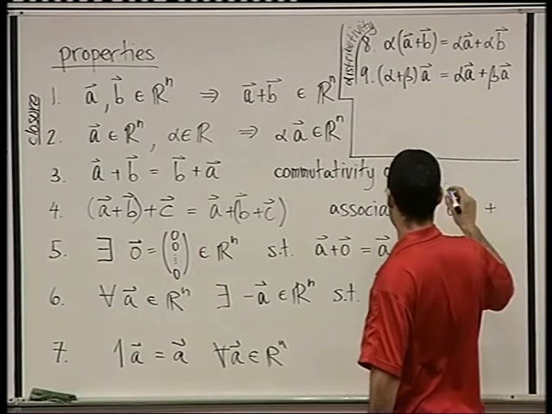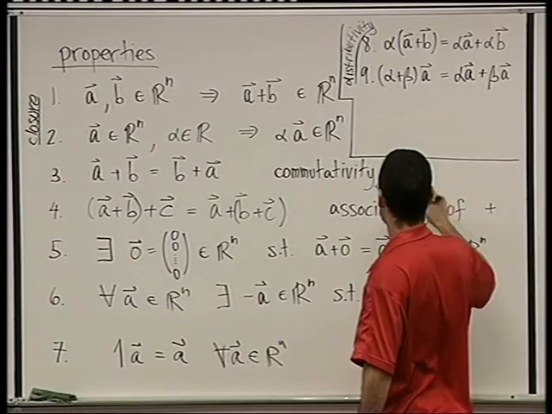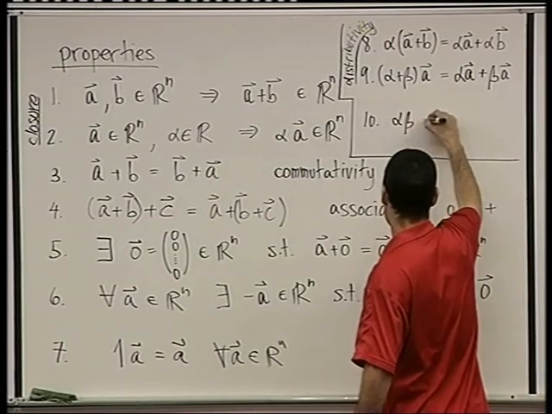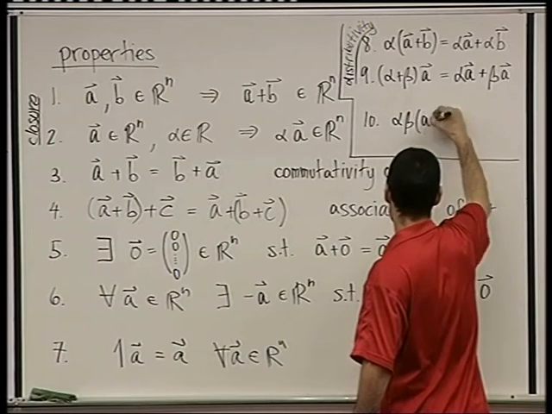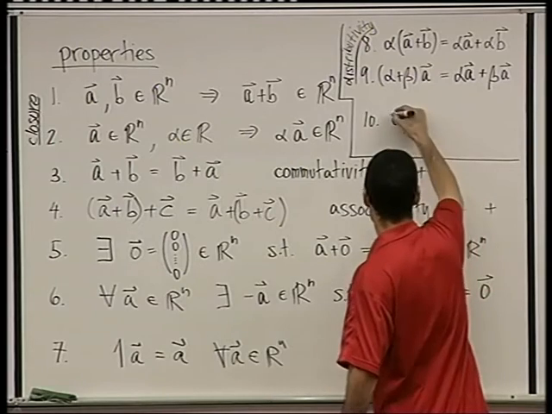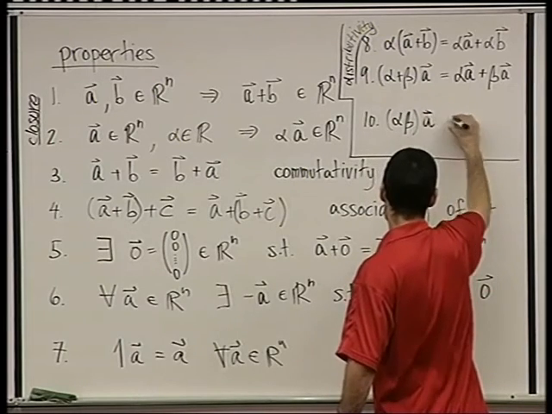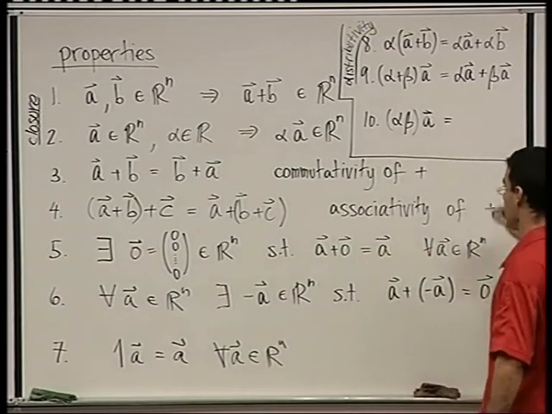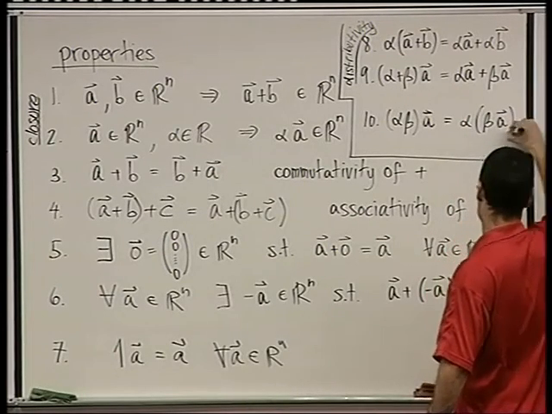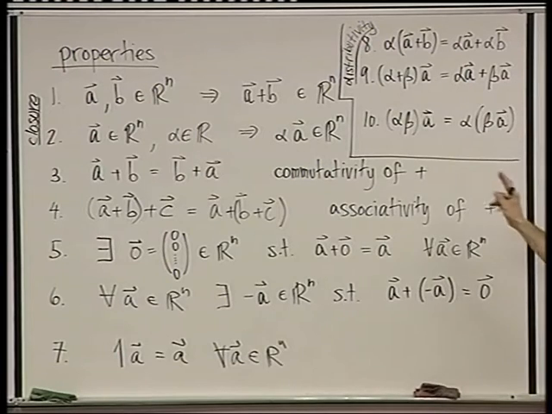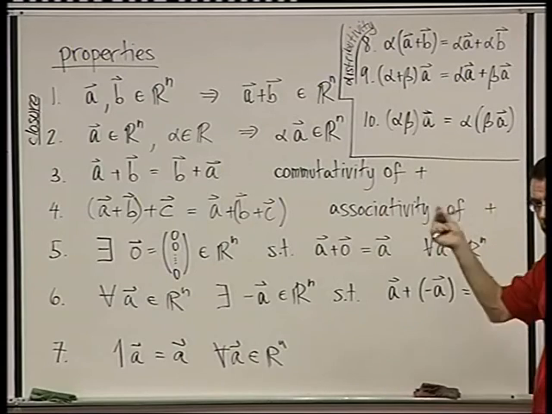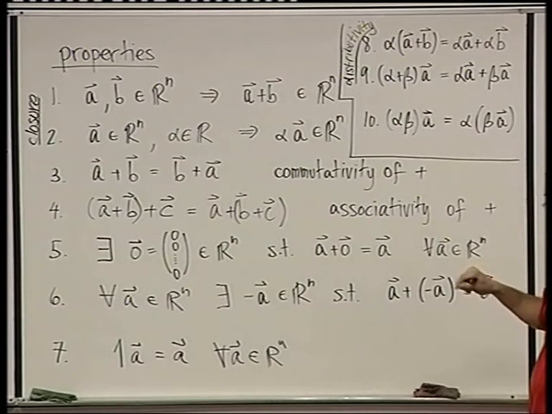Okay, one more property, property number 10, says that alpha beta times A, where alpha and beta are scalars, equals alpha times beta A. So it's sort of an associativity property, but with respect to two different operations, right?